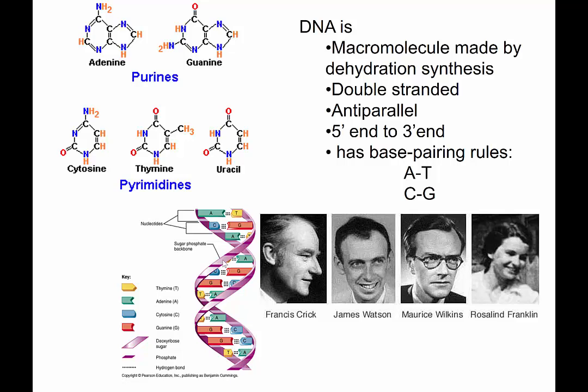It's a macromolecule, which means I take monomers, purines and pyrimidines, link them together to form a strand. And the strand has to fold. Very similar, don't you think, to what you just learned about proteins. So DNA also is a linkage of monomers forming polymers, and these polymers have to interact with each other. So DNA is double-stranded.